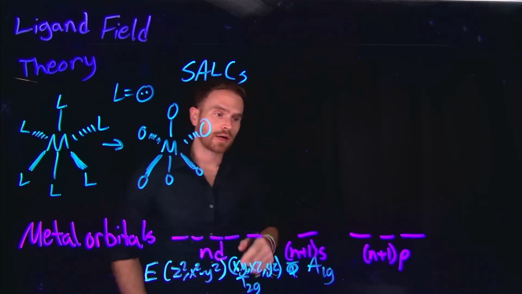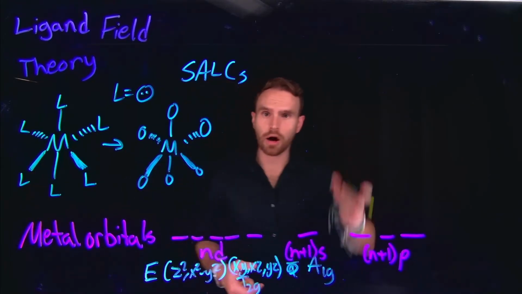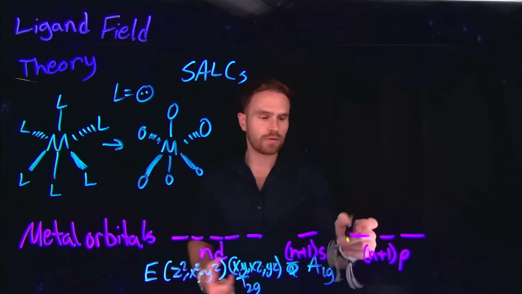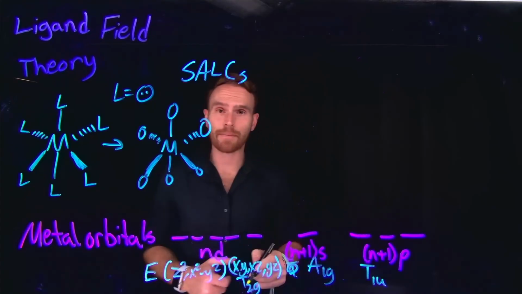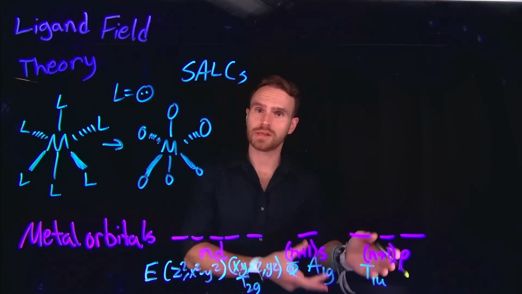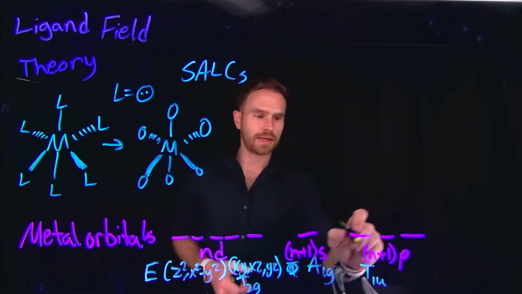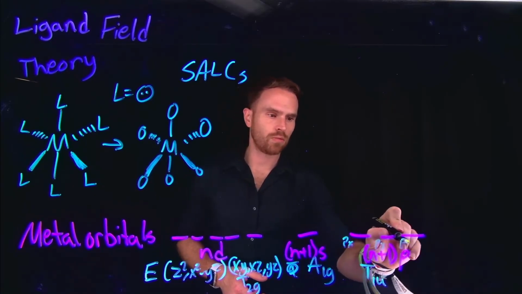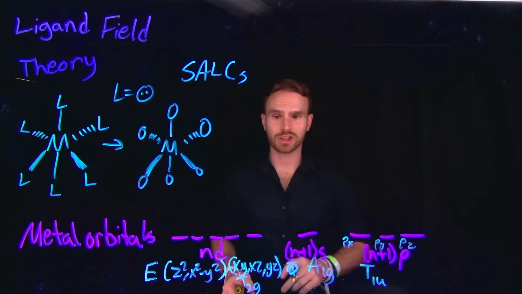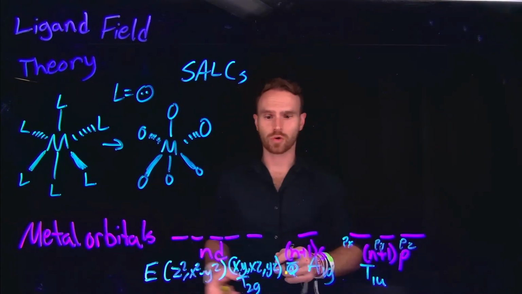Now if I go and look at the p orbitals on the character table and find those, I would find that these are T1u. And remember that capital T corresponds to triply degenerate. So all three, the px, the py, and the pz orbitals are all triply degenerate in an octahedral coordination environment.